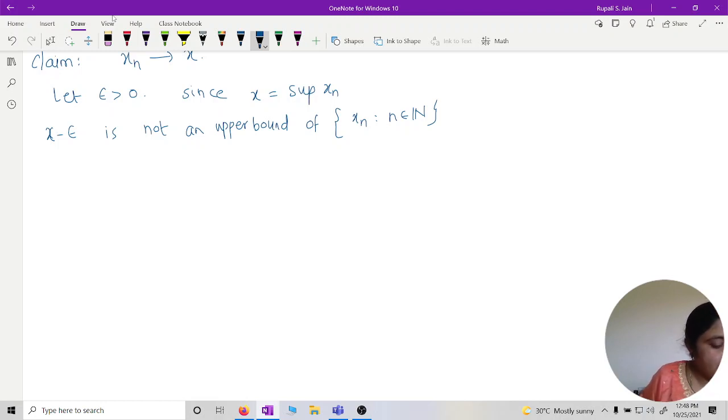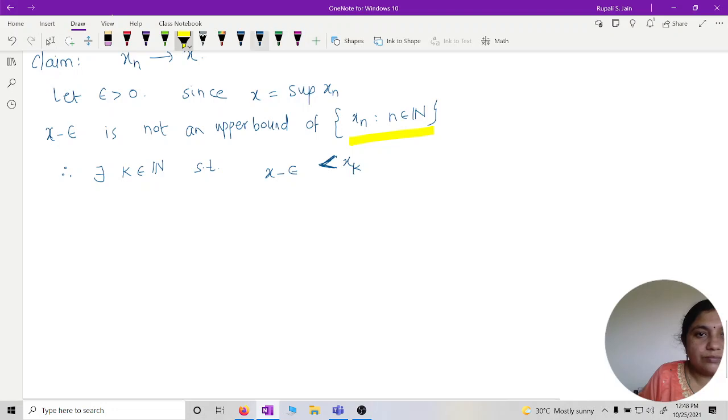So if it is not an upper bound, there exists k belongs to N such that x minus epsilon is strictly less than xk. It is not an upper bound means there exists an element in this set which is strictly greater than x minus epsilon. Now let n be greater than or equal to k.